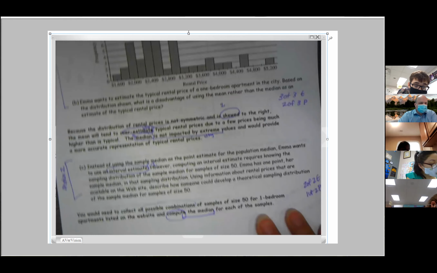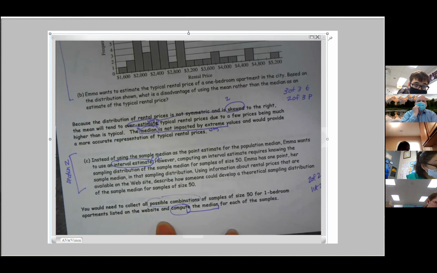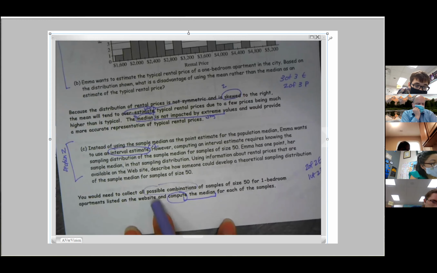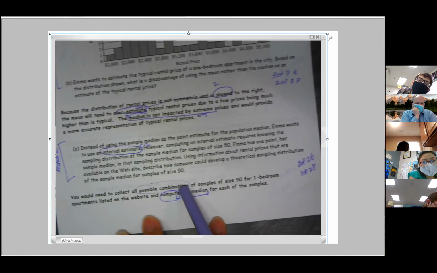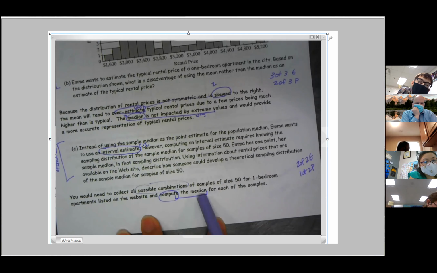All right, part C is a component all in itself. So if you describe that one correctly, what we're looking for on part C is that we describe that we need to collect all possible combinations. That's the key component there. And that what we're doing is we're computing the medians.